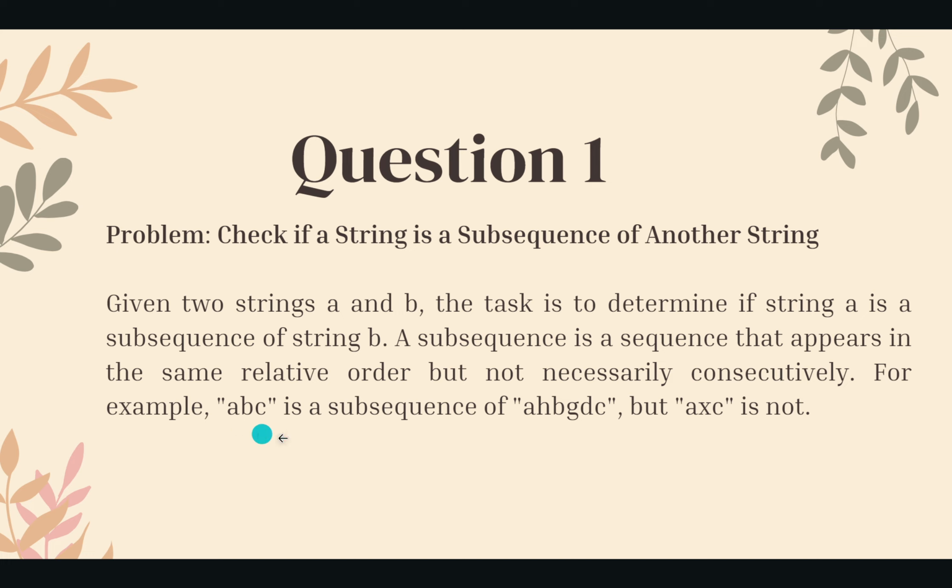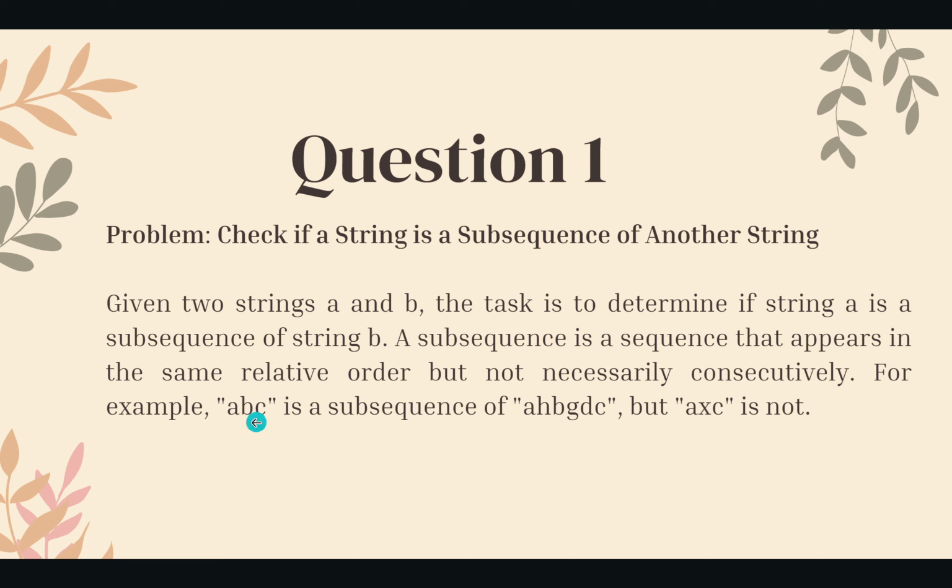See here, ABC is the first string and AHBGDC is the second string. For the first string you are running the i pointer, and for the second the j pointer. Here A and A are equal, so we do i plus plus. Then i is here and j is here. They are not equal, so you increment the j pointer. B and H are not equal, again j plus plus.